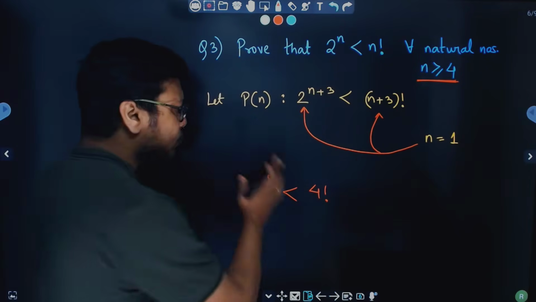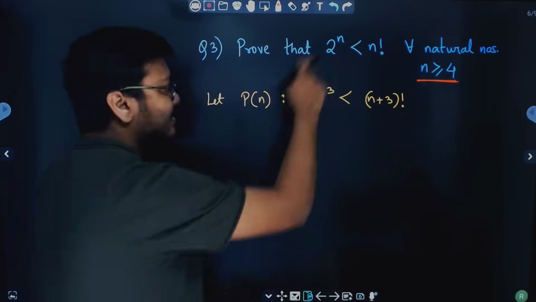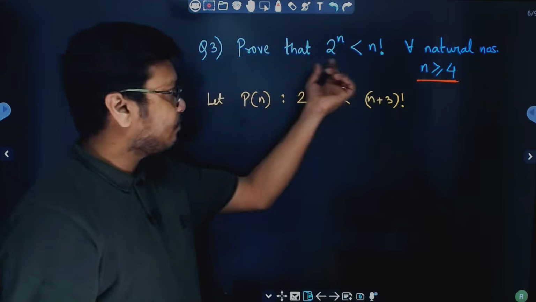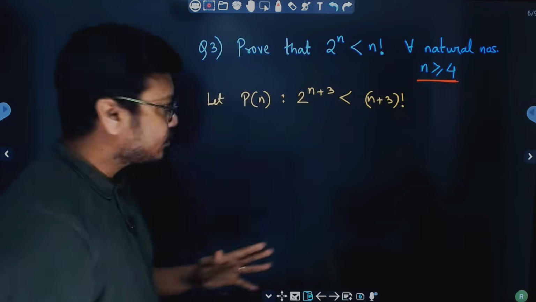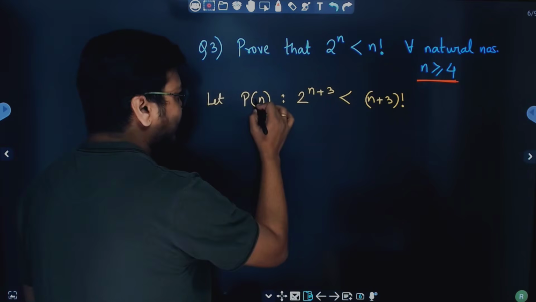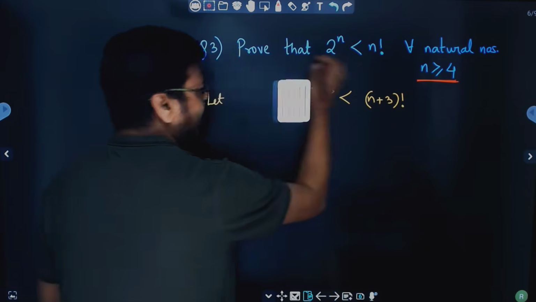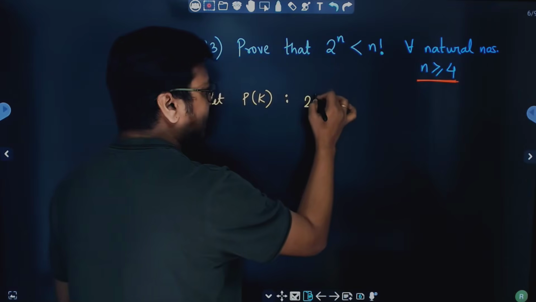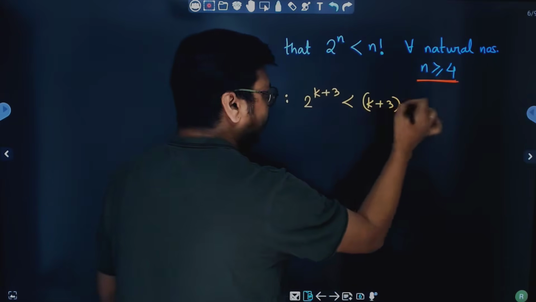Okay, so when we are manipulating in this way, it is better not to write the same alphabet that's mentioned in the question. Here the alphabet is n, which is the generalized term of the question. So instead of that, let's say our statement is given by Pk such that 2 to the power k plus 3 is less than k plus 3 factorial.